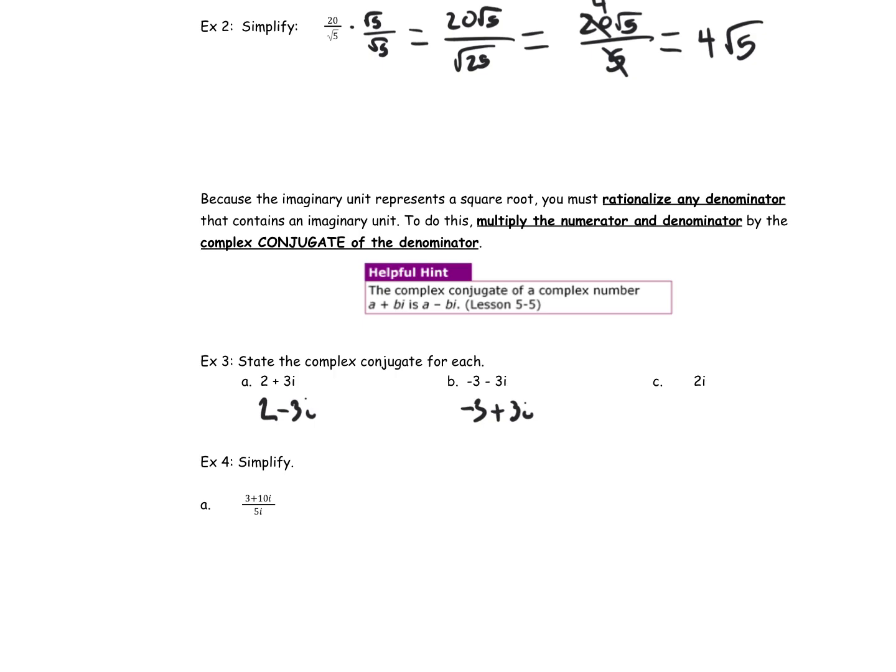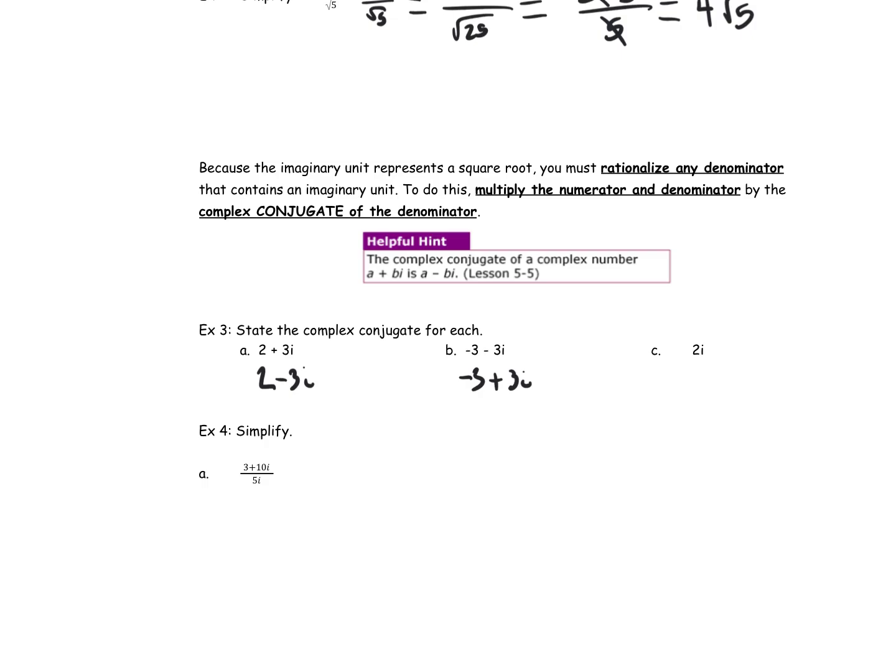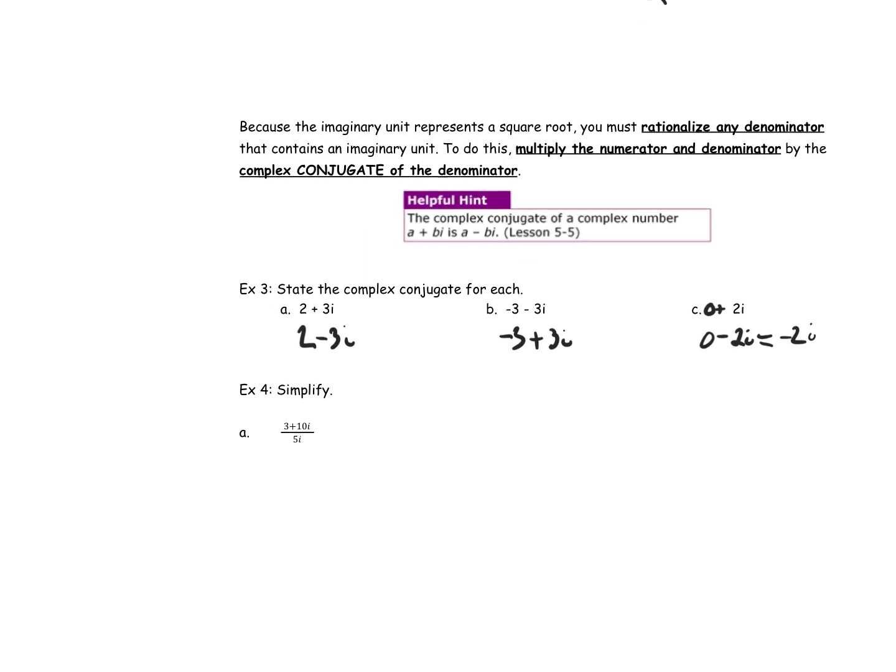C is probably the most confusing because it's just a 2i, but remember that's the same thing as 0 plus 2i. So we could rewrite this as 0 minus 2i, which is just -2i. All right, so that is how we get a complex conjugate.